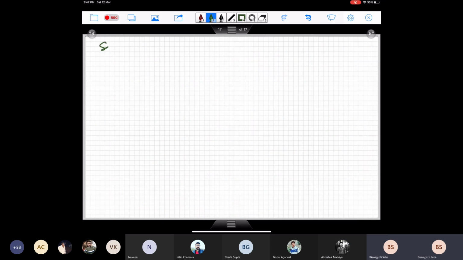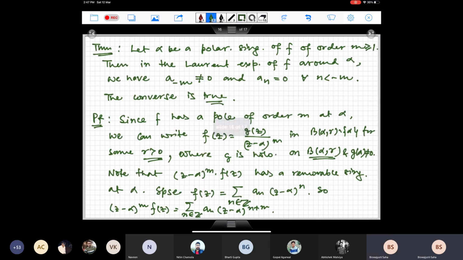So we get a_n is equal to 0 for all n plus m negative, that is n less than minus m. Agreed, all of you? This is because this function has a removable singularity, and about removable singularity, we just proved the theorem. Correct?